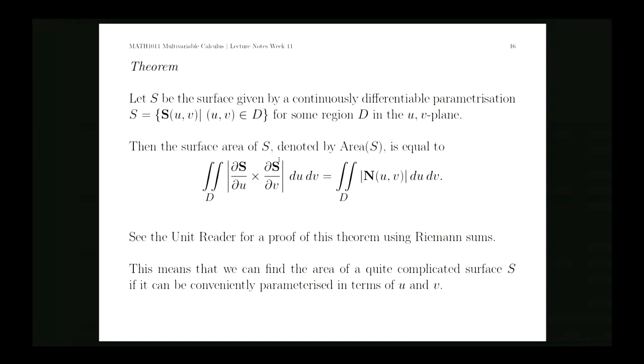Now, this is proved in the unit reader using Riemann sums, if you're interested. It's quite laborious and tedious, but it's in there. But essentially, it is the second part. It's basically this formula. It's the length of the normal vector, which we find by the cross product, integrated with respect to du dv, or as we know, the order doesn't matter, du dv or dv du.